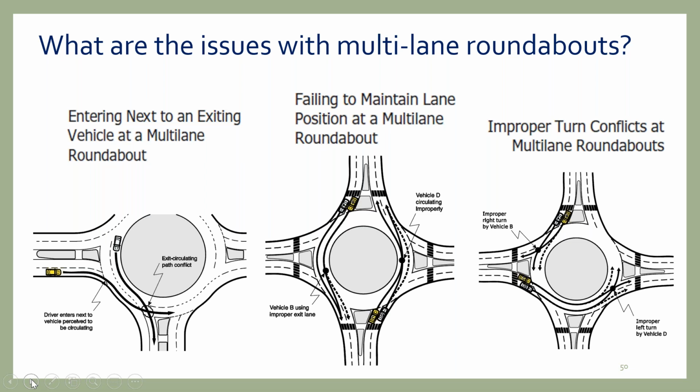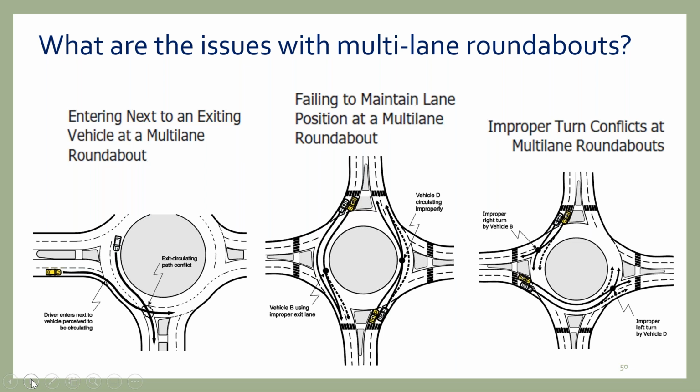And then lastly is making an improper turn. So at most 2-lane roundabouts, where a right lane and a left lane are entering the circulating roadway, a very common lane assignment is for both lanes to be able to proceed straight, with a left turn from the left lane or a right turn from the right lane.